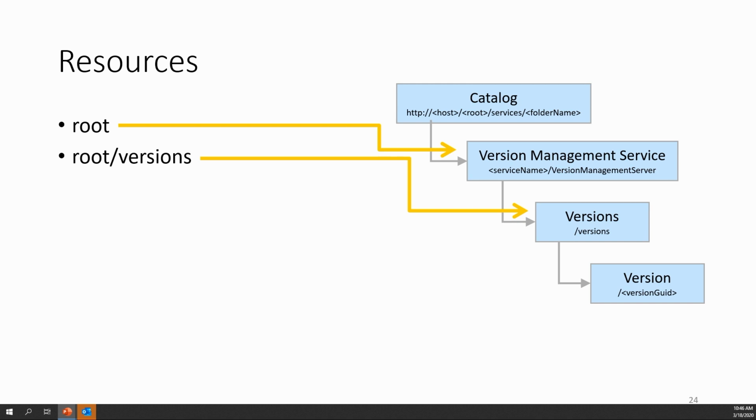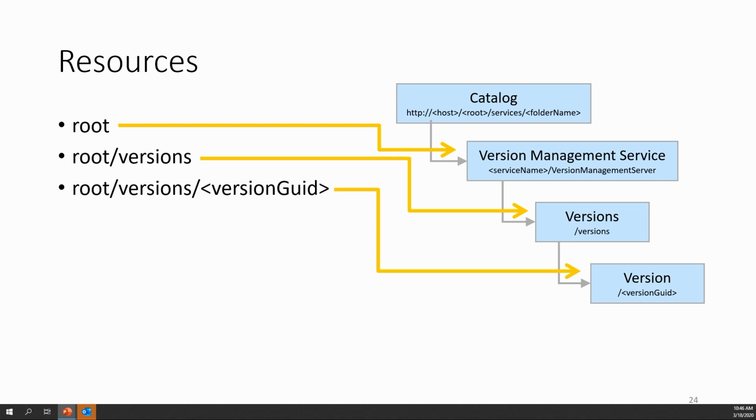And then the final resource is the actual version instance. Now, an individual version is referenced through a version GUID. Every version is named, but every named version also has a version GUID, and you use the version GUID inside your URL requests, your REST requests, to identify the version that you're trying to do the given operation on.